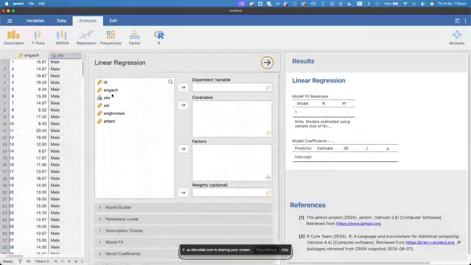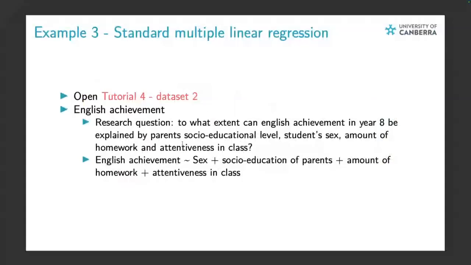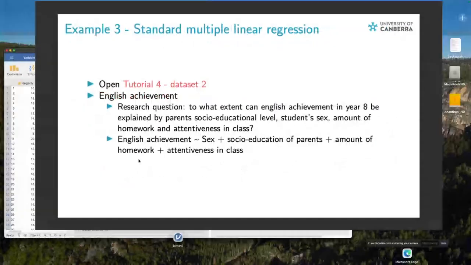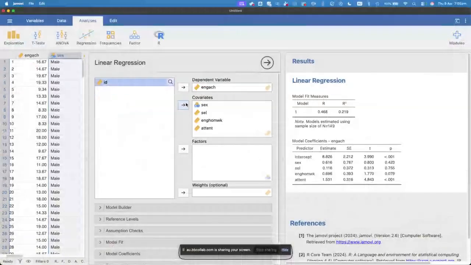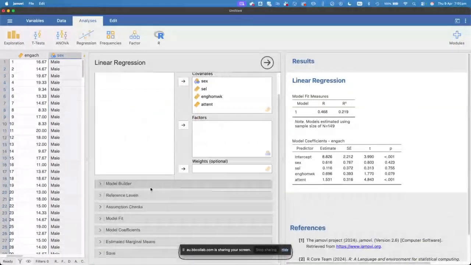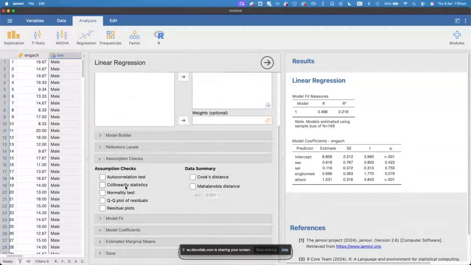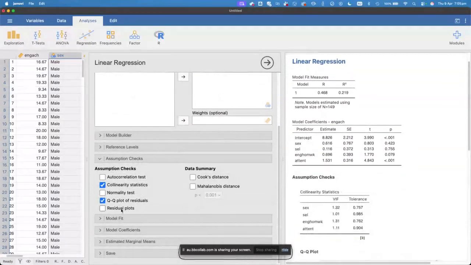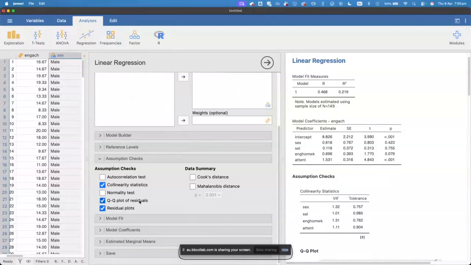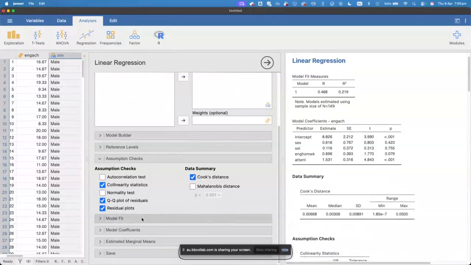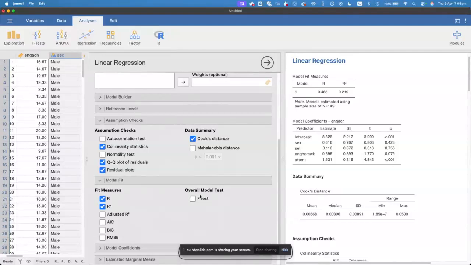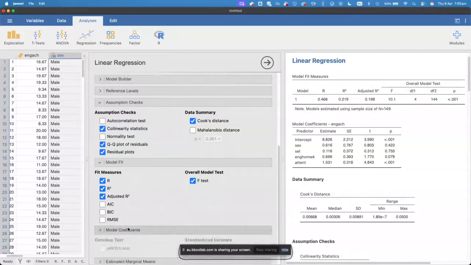So we'll run the linear regression, English achievement is the dependent variable, and the independent variables were sex, social education of parents, amount of homework, attentiveness in class. Pretty much everything else goes in here. And then for the assumption checks, we want collinearity, QQ plot, residual plot, Cook's distance, model fit, we want the F-test and adjusted R-squared.